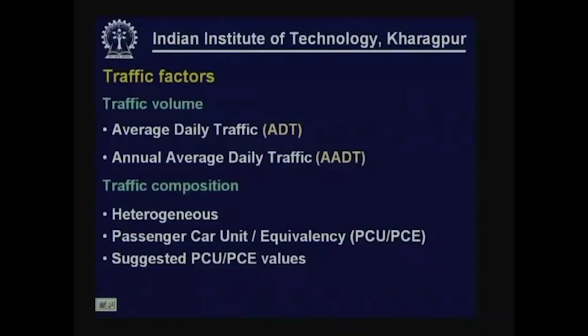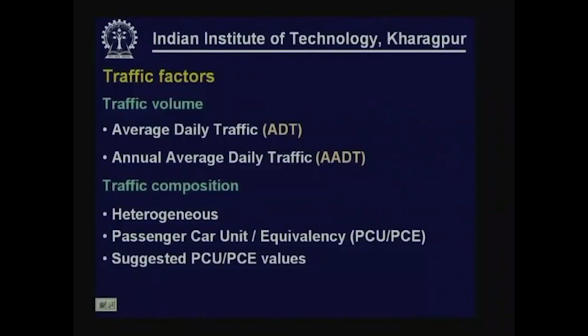Maybe a bus is equivalent to 3 cars, considering different aspects. So, PCE or PCU values are suggested to convert heterogeneous traffic into a stream of homogeneous traffic.